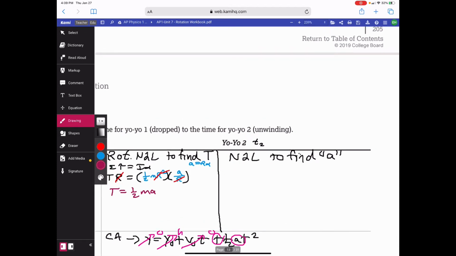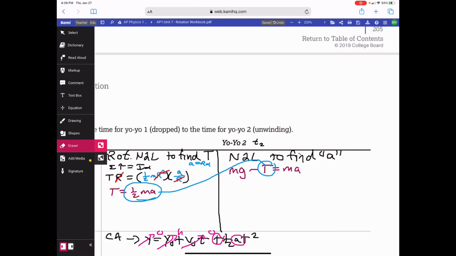Using Newton's second law to find the acceleration, we're going to go causing force minus opposing force equals ma. So causing force is mg minus tension equals ma. You're going to be substituting this for tension. So mg minus 1/2 ma equals ma.